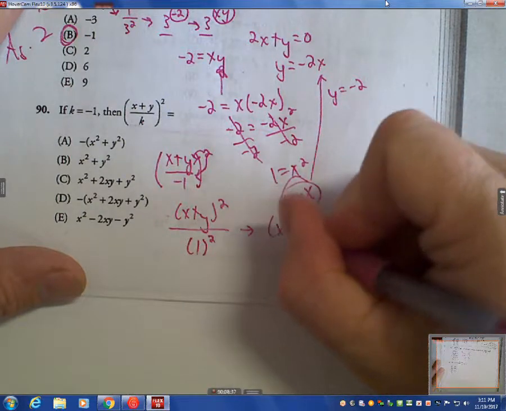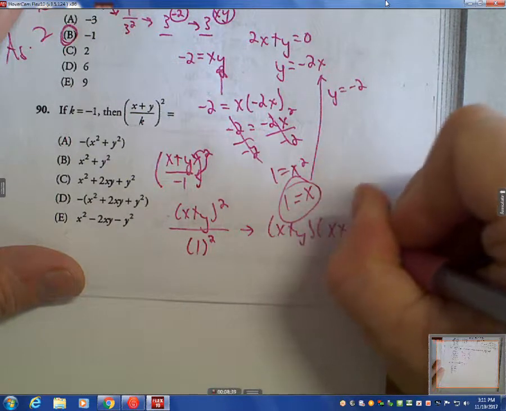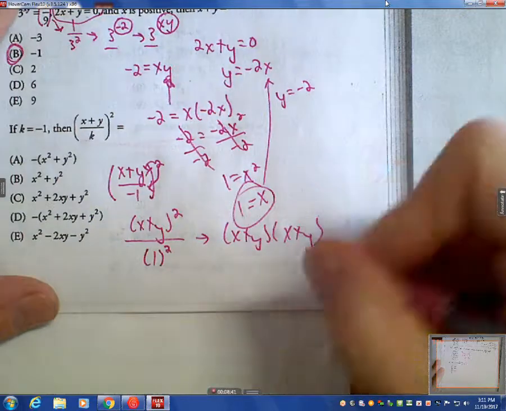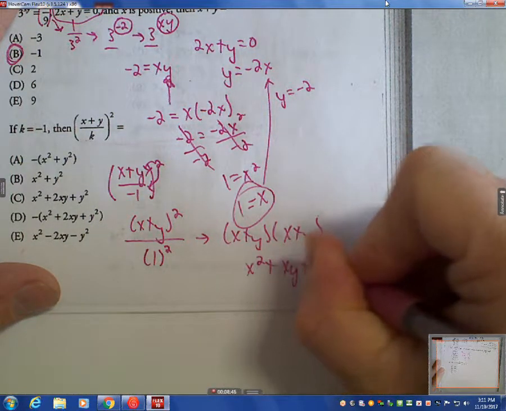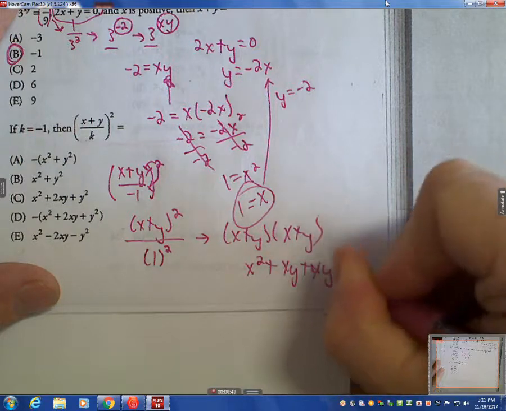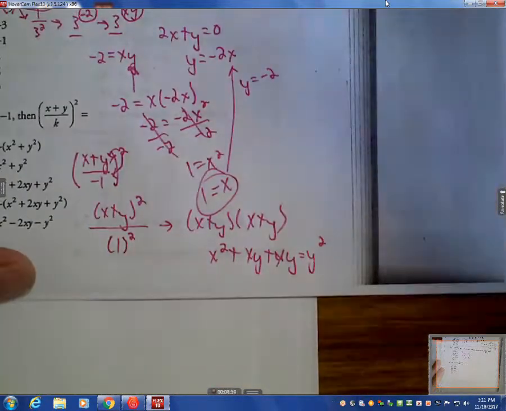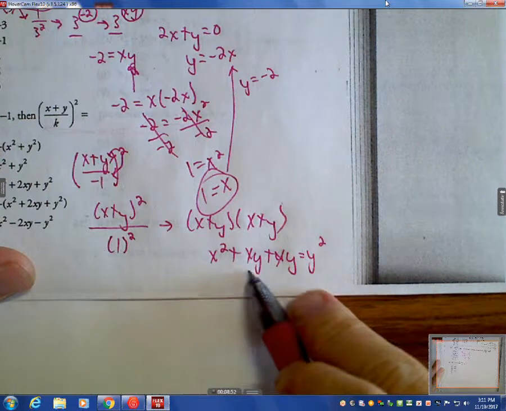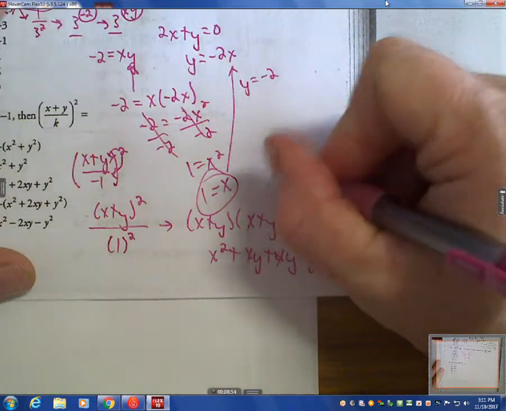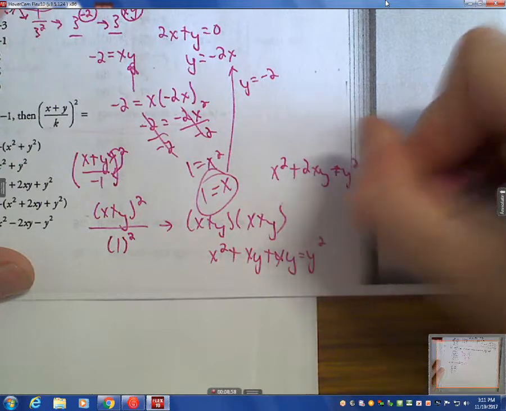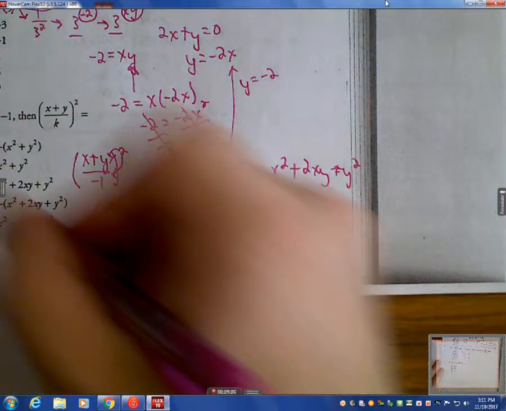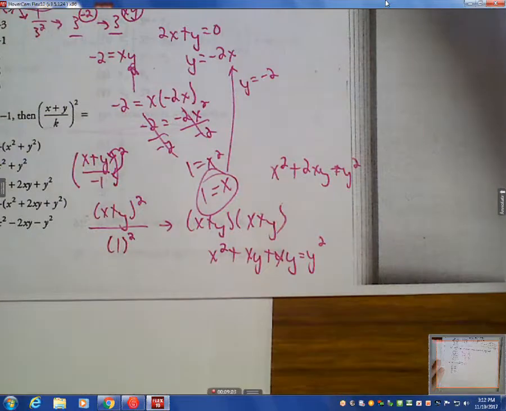So x plus y times x plus y. That would give me x squared plus xy plus xy plus y squared. So this would give me 2xy, so I have x squared plus 2xy plus y squared. So that would have to be C.